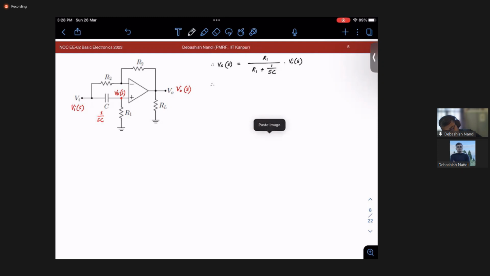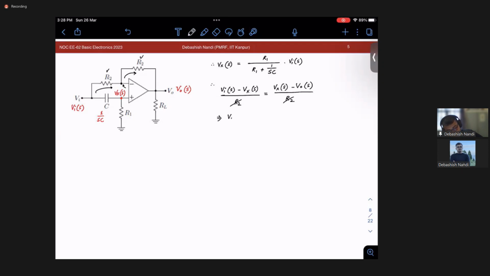And what about this loop? If I see this loop, this is Vi of S minus Vx, and due to virtual short, this will be Vx of S. Divided by R2 is the current flowing in this branch, and that is Vx of S minus Vout of S divided by R2. This is R2, this is R2, so this gets cancelled. So what do I have?